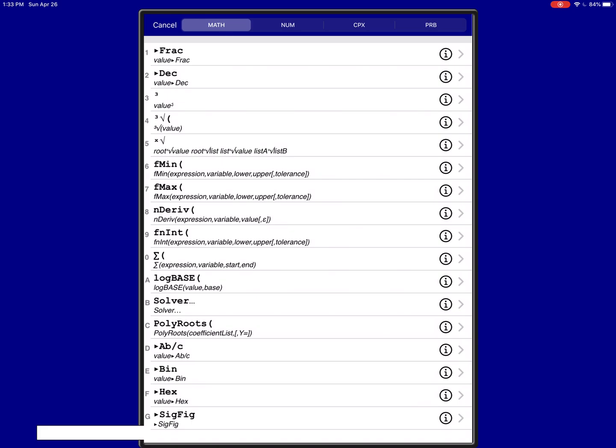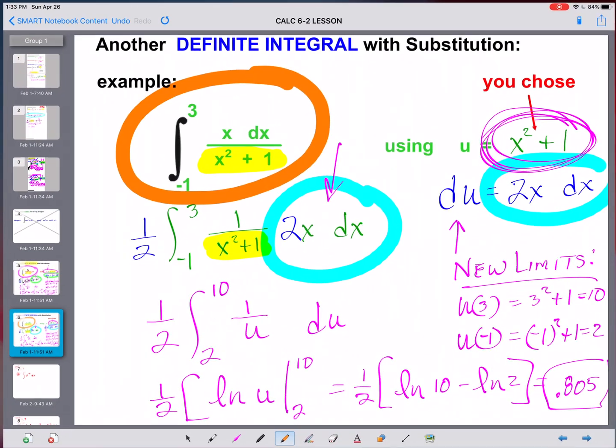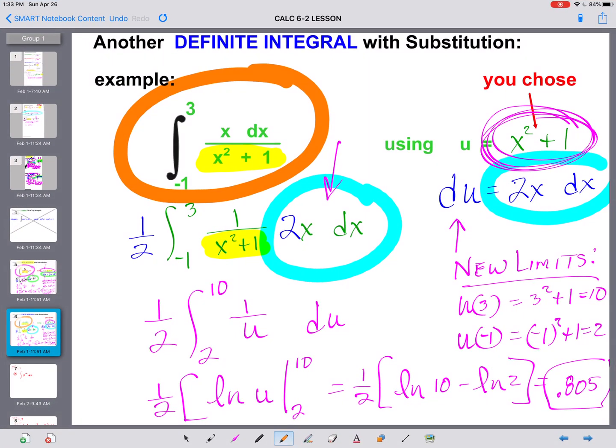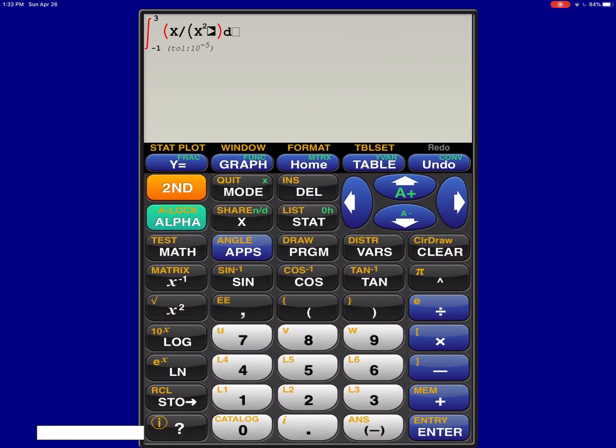We got math, number 9, lower limit negative 1, upper limit is 3. Okay, now it was x divided by parenthesis, make sure you use the parenthesis on the bottom, x squared plus 1. Gotta use the parenthesis. And then outside, dx. There it is. That's the original. Hopefully we get 0.805.